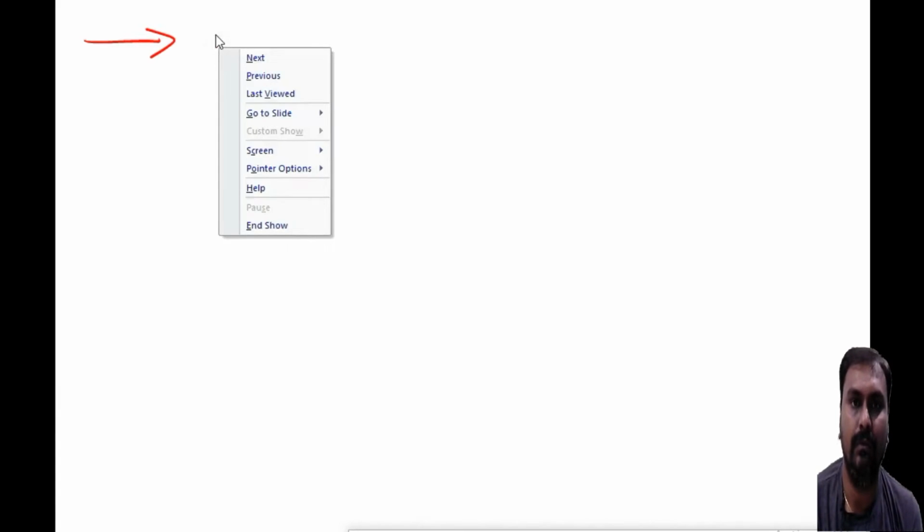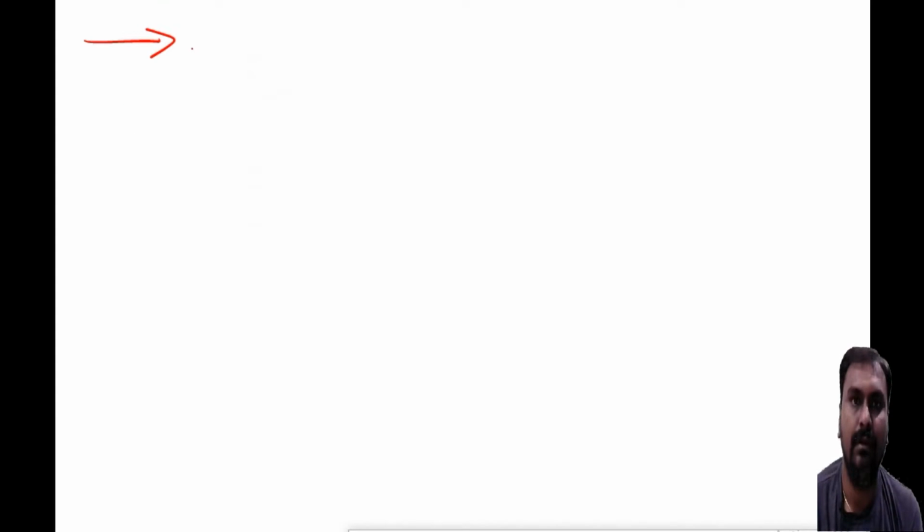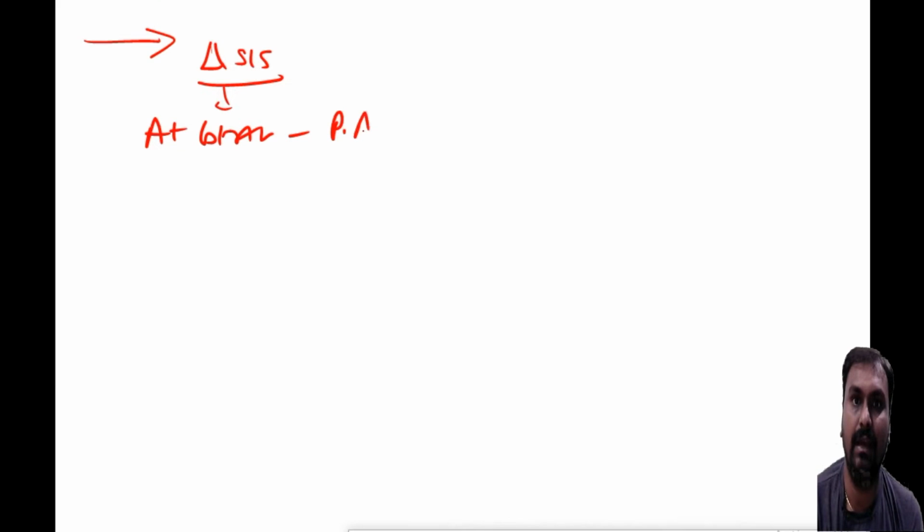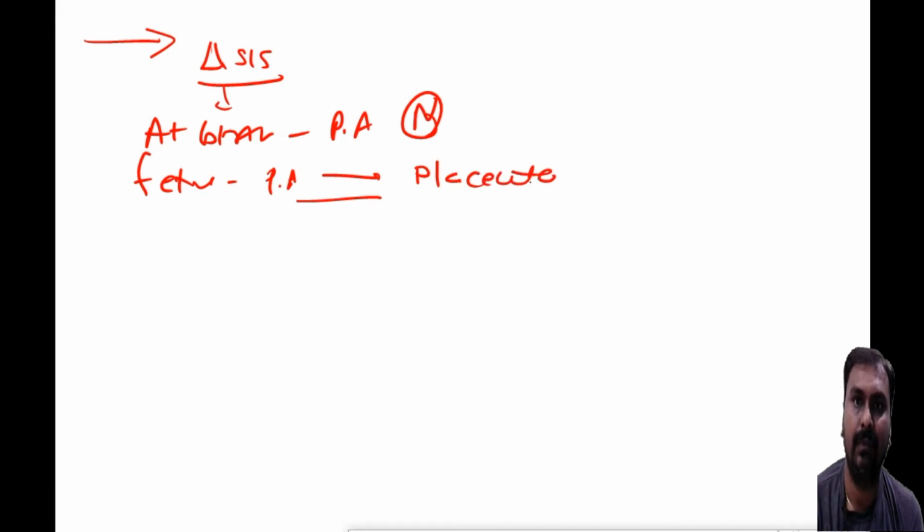One very important point here is that if you want to diagnose phenylalanine at birth, in this patient phenylalanine may be normal. Why? Because during fetal life, the increased phenylalanine is transported via the placenta.